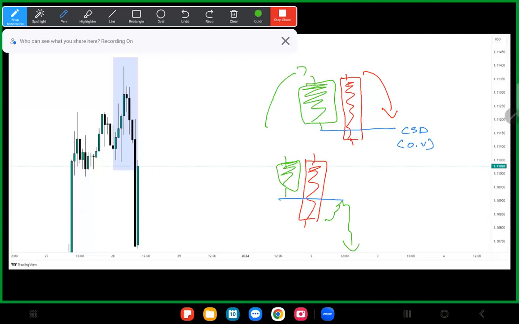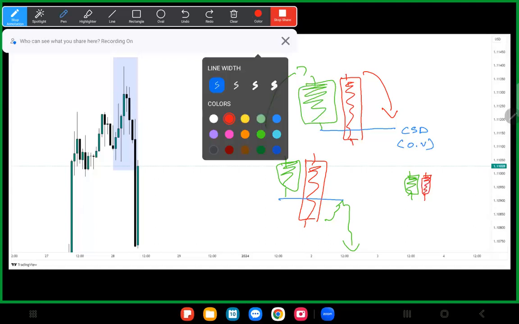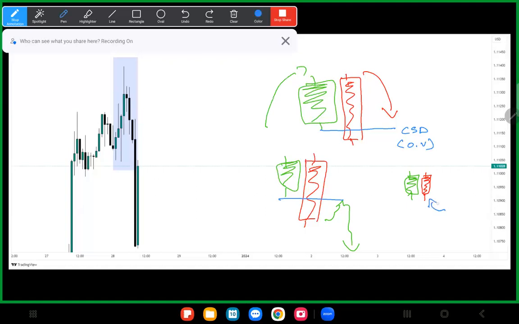Now, we also talk about how it's better for that CSD to happen with a candle closure. The reason is that when an order block is forming and we validate it with a wick, there's already buy side delivery here, and it's not leaving a balanced price range with speed.